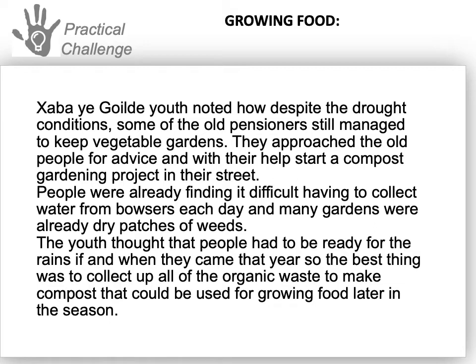People were already finding it difficult having to collect water from bowsers each day, and many gardens were already dry patches of weeds. The youth thought that people had to be ready for the rains if and when they came that year. So the best thing was to collect up all of the organic waste to make compost that could be used for growing food later in the season.